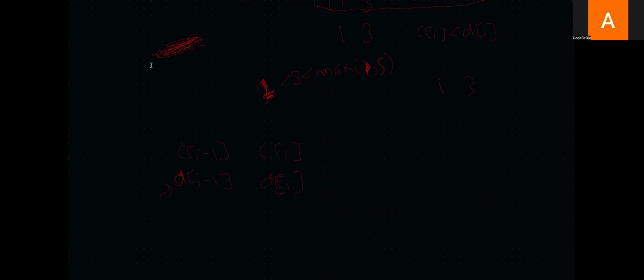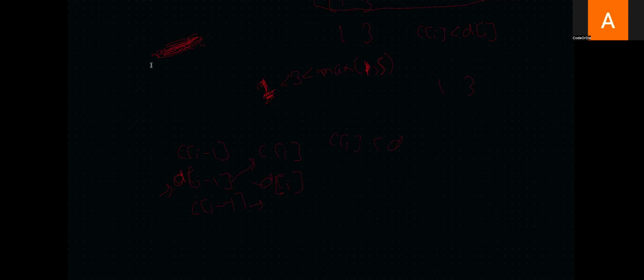You can claim, okay, I will swap these two and bring Ci minus 1 before Di. Now this is sorted. But then this maximum value Di minus 1, which was greater than Di, will it not also be greater than Ci? Because Ci is less than Di.